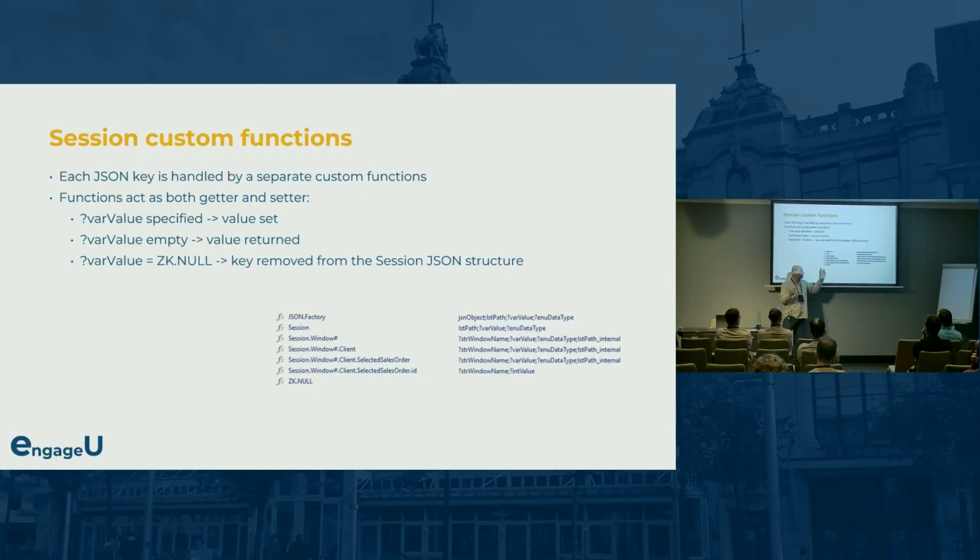And historically, because this structure you have seen before could get pretty bloated, we were concerned about performance, so we introduced ZK null value. When passed, it removes the node.